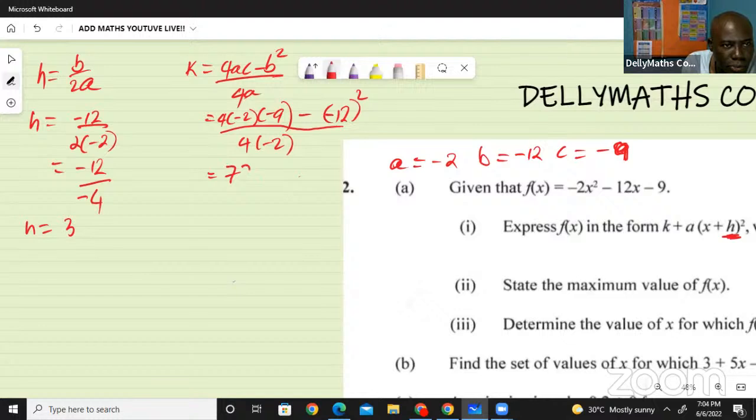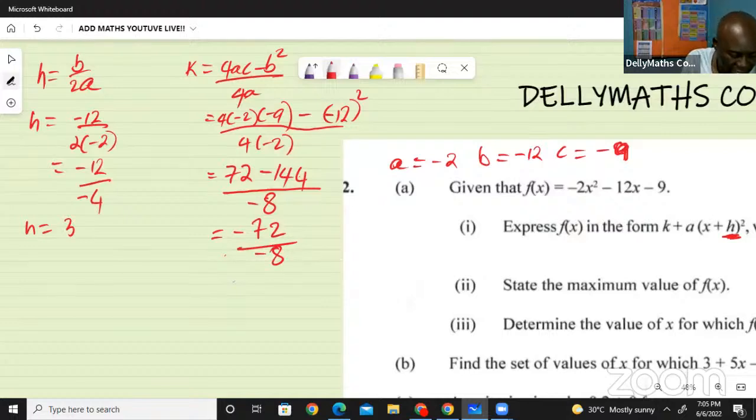So we have 72 minus 144 all over negative 8. 72 minus 144 is negative 72, over a negative 8, and we're getting a positive 9. So this K value is 9.